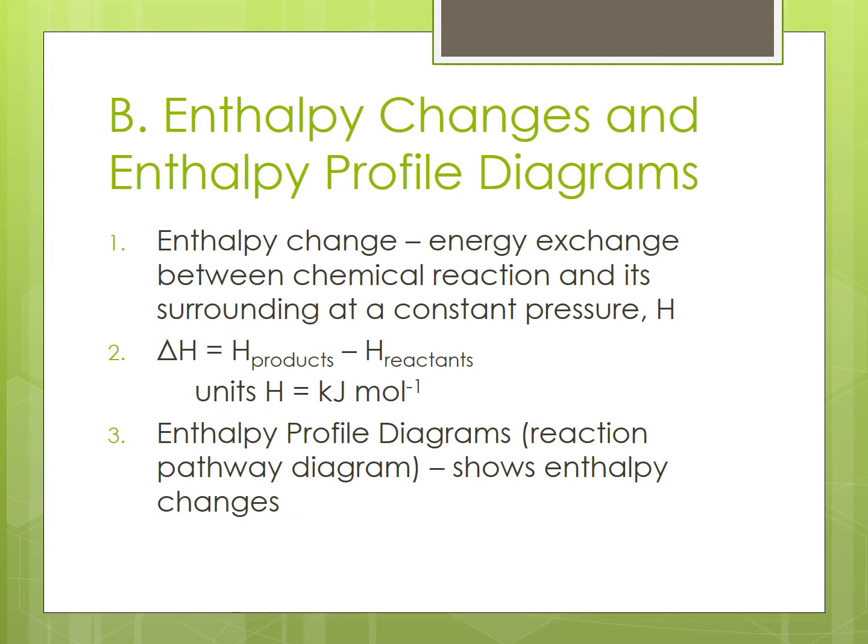Okay, so what's happening in a reaction? So what's happening to energy of these compounds during a reaction? So we call this an energy profile. Basically, it's just a diagram of showing what's happening to an exothermic and an endothermic reaction.